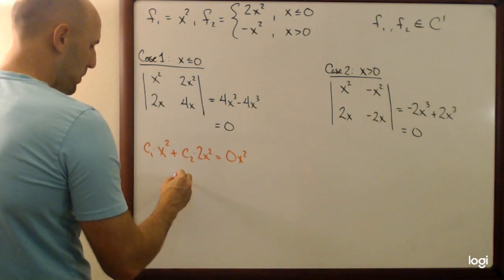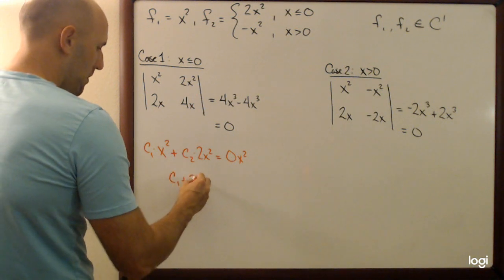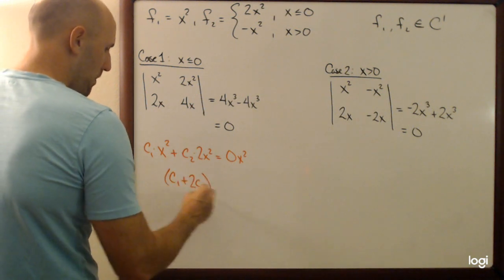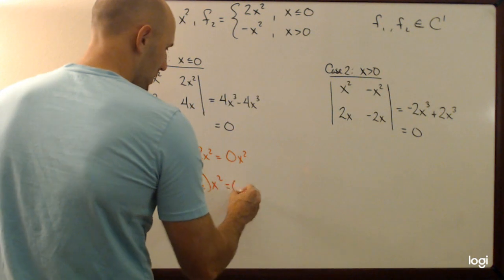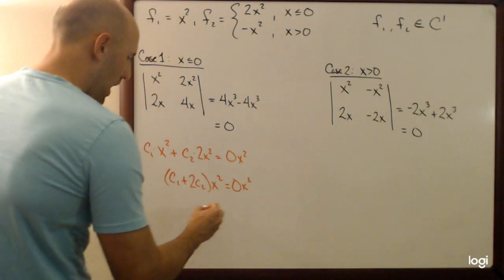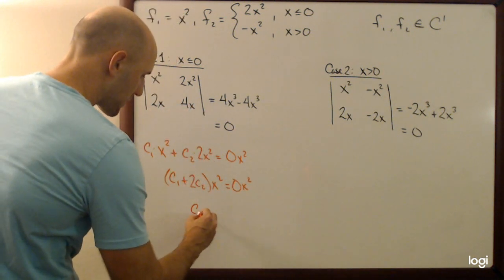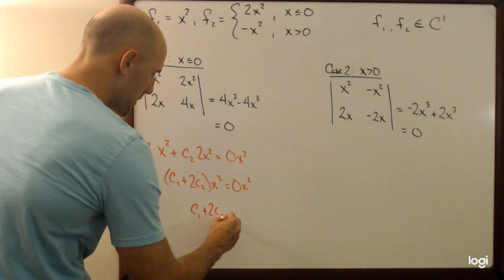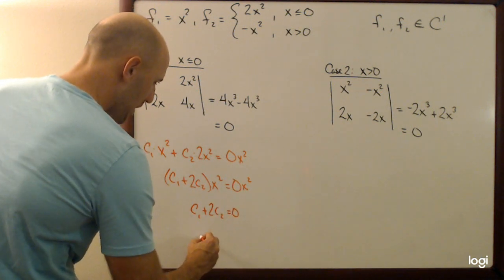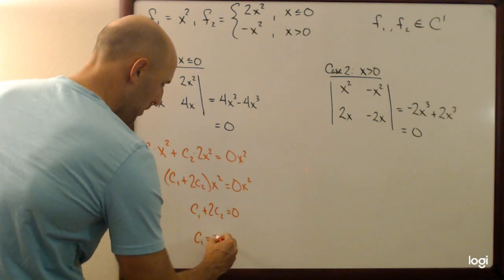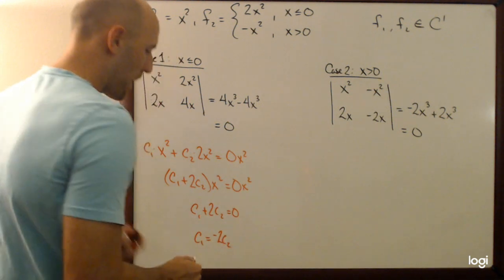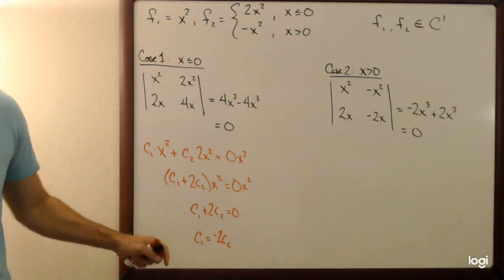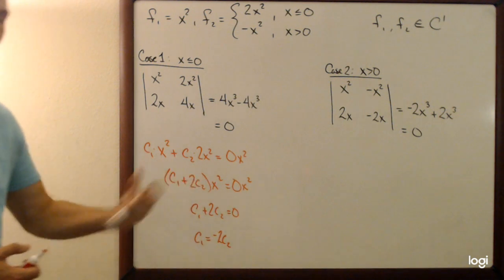Collecting these terms, we see that we've got C1 plus 2C2, x squared equals 0x squared. And so we just get C1 plus 2C2 is equal to 0, so C1 must equal negative 2C2. And again, any two coefficients which satisfy this condition will work.